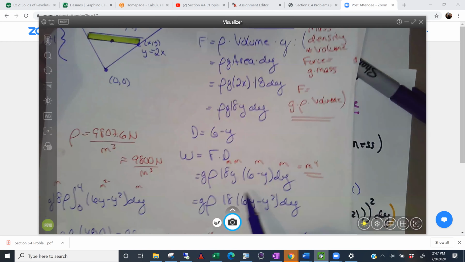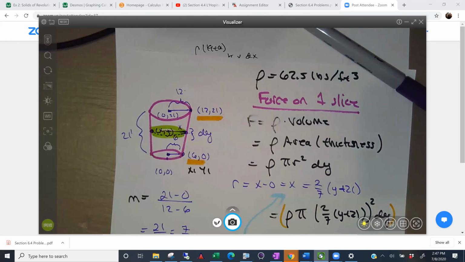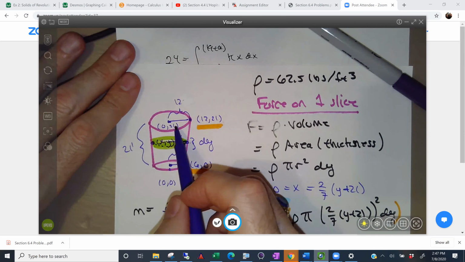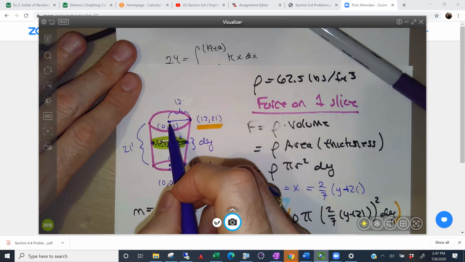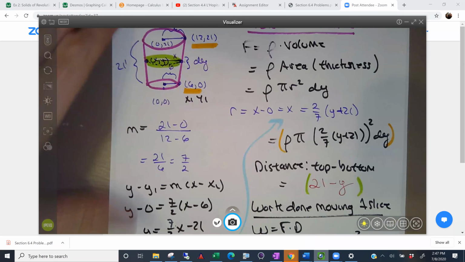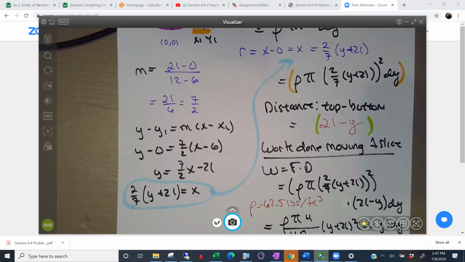So that means your distance is not going to be 4 minus y. It's going to be 6 minus y. Now in our case, because we're moving to the top edge, it's just 21 minus y. But you could easily imagine something being pumped out at a higher level. It's just going to depend on the problem. So just a heads up there. Like I said, I'll put that extra example in your notes.